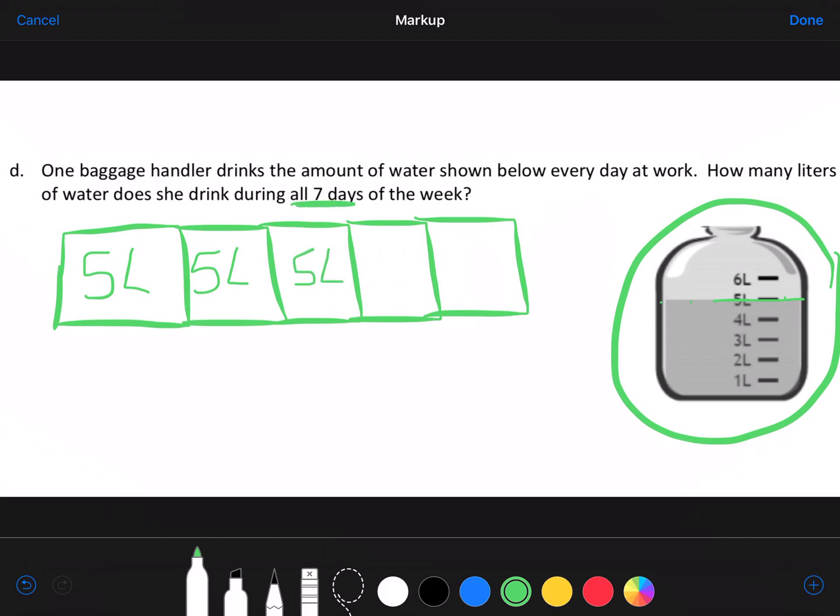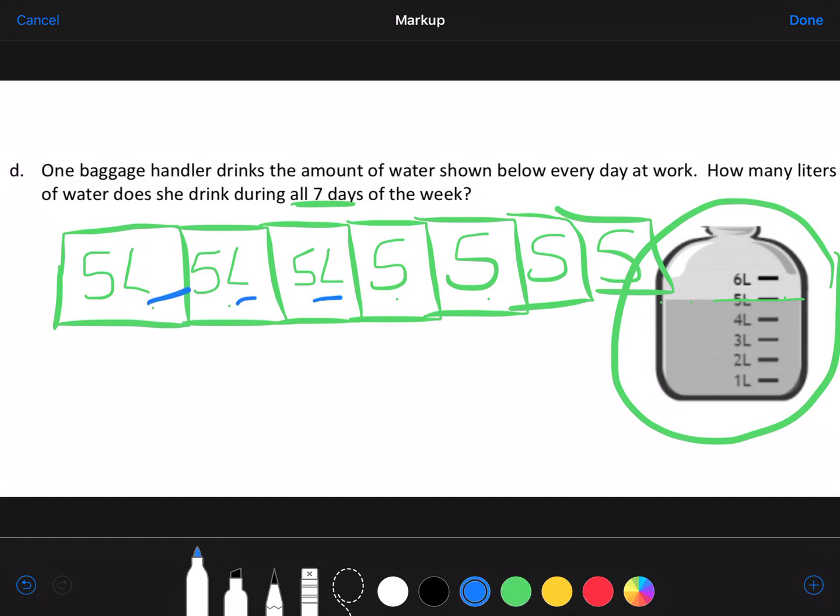Yeah, it's 7 because it asked for 7 days. So I have 1, 2, 3, 4, 5, 6, 7 with 5 in each one. And now we can count by 5s. Here we go. 5, 10, 15, 20, 25, 30, 35.